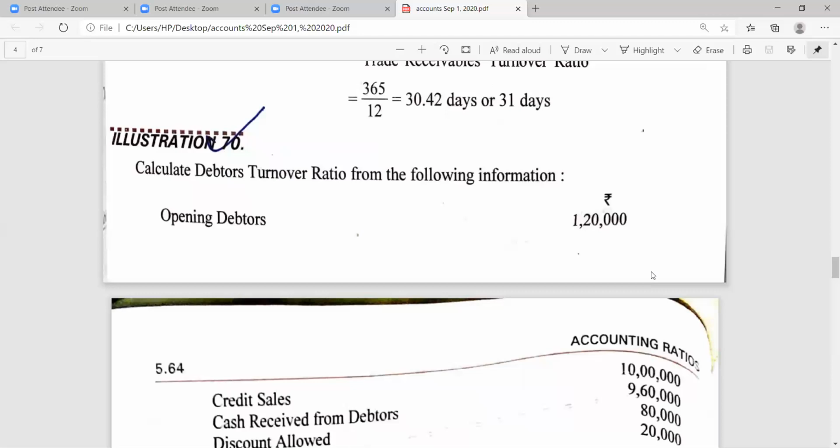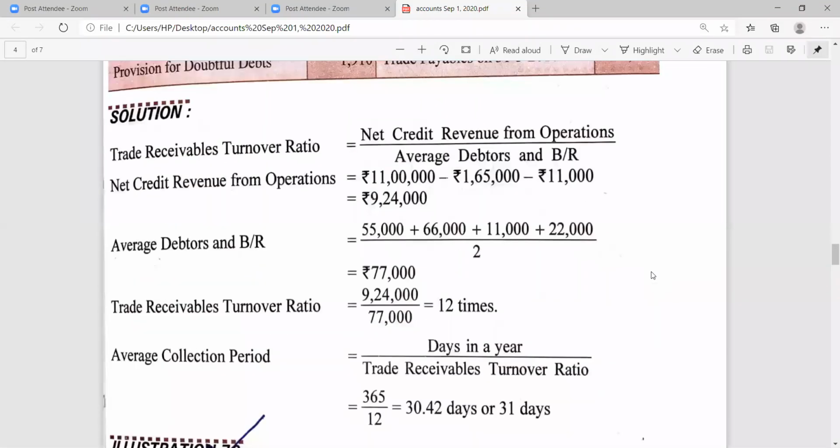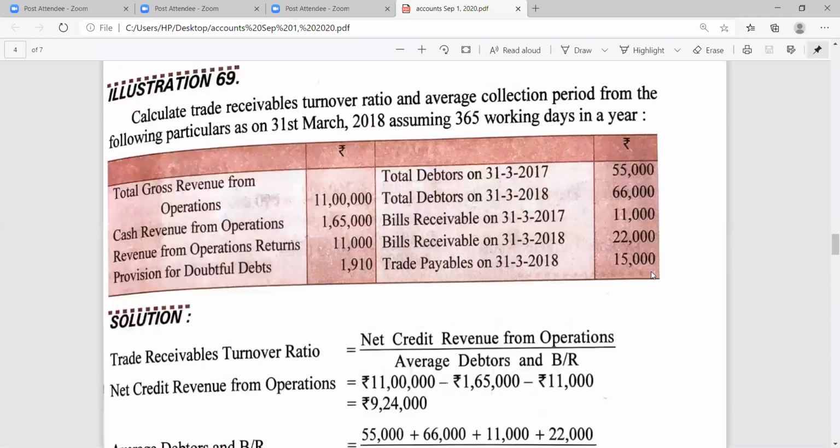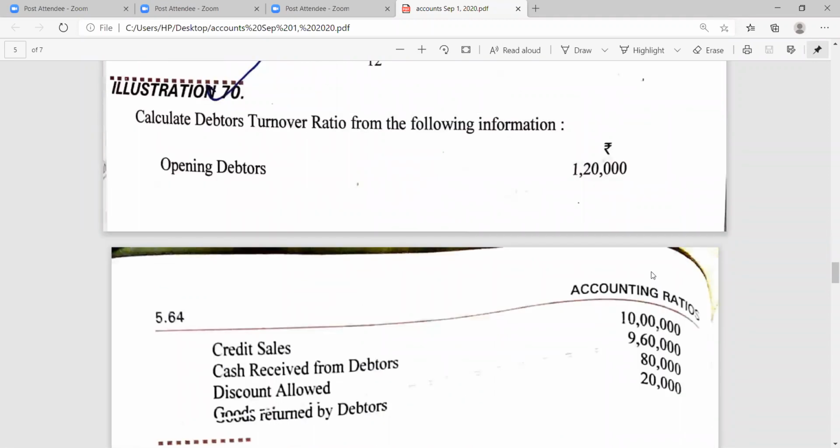Okay, I'm giving the time of 2 minutes to everybody and giving you the assignment of illustration number 70. Have a look, then I'll discuss with you within 2 minutes. Have a look at how illustration number 70 is to be done. If you have a query, and if the concept is clear to you, you have to discuss it with me.